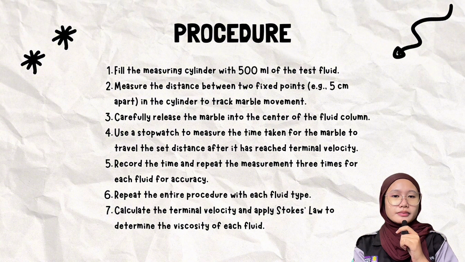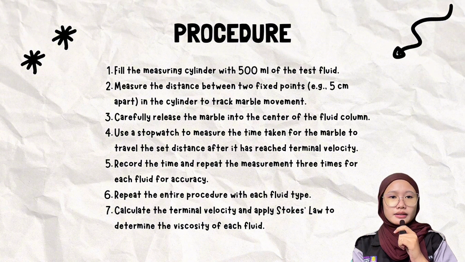A marble was dropped into a measuring cylinder filled with each fluid. Once the marble reached terminal velocity, we measured the time it took to travel a set vertical distance of 10 centimeters.